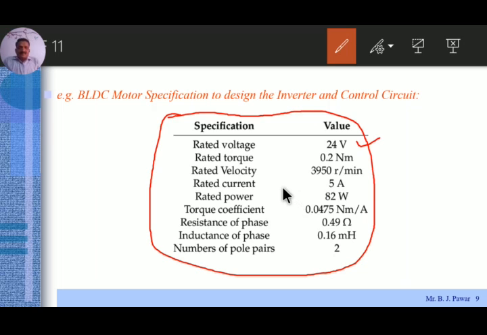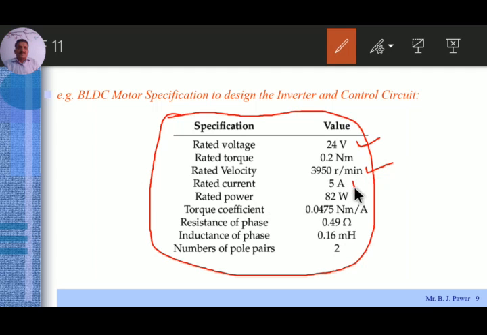Then I will only consider the electrical specifications which are important to design the driver circuitry for that particular BLDC. So at this stage I will not consider how much torque that motor is producing. Then the rated velocity is also important for us.